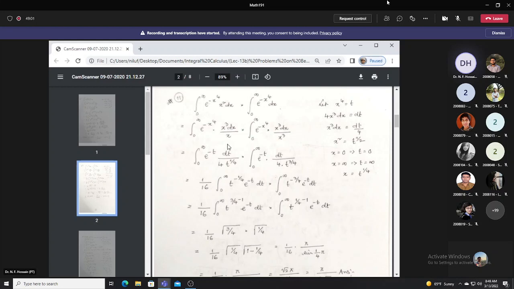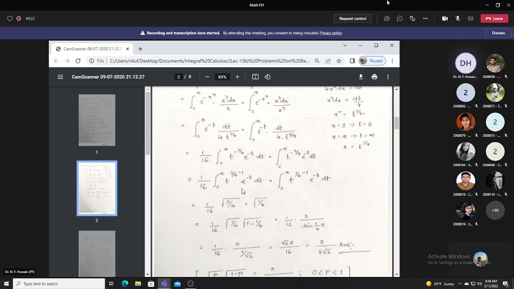The value of x is t to the power 1/4. And for this x cubed, x is t to the power 1/4, so x cubed should be t to the power 3/4.